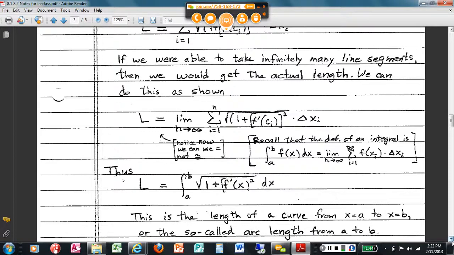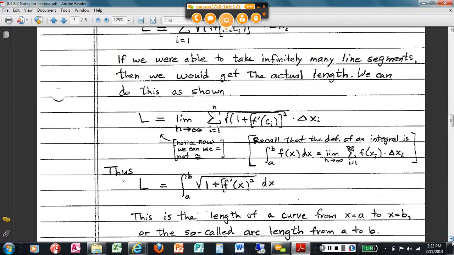Well, all right, so this is what I got. It's the integral from a to b of this. This is my function now, or the thing I use for my length. Delta x becomes dx, if you will. This is the formula. All that said, pretty simple, right?